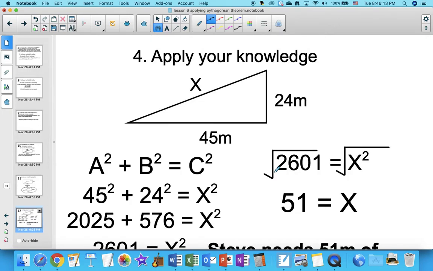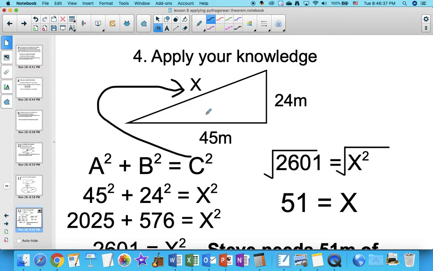So we apply our knowledge. We have a triangle. We have 45 meters, 24 meters, and we have x. Well, we have a squared plus b squared equals c squared. Classic Pythagorean theorem, right? Again, c squared represents the longest line, in this case x. If we were finding x here, then x wouldn't be the longest line, so it wouldn't be c.